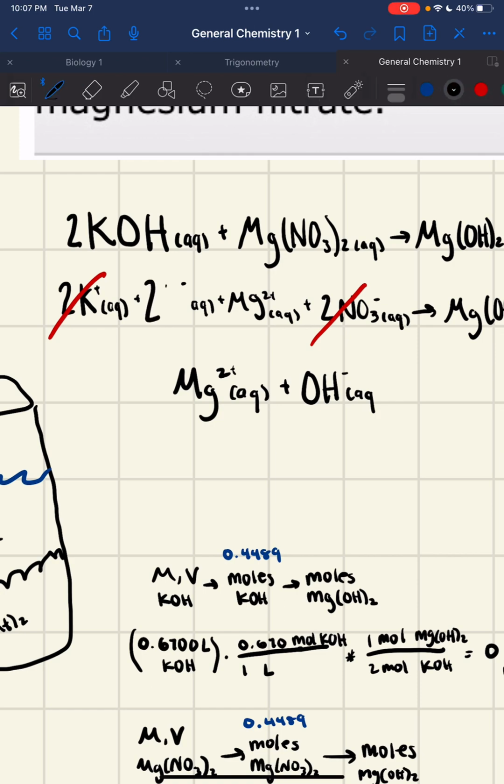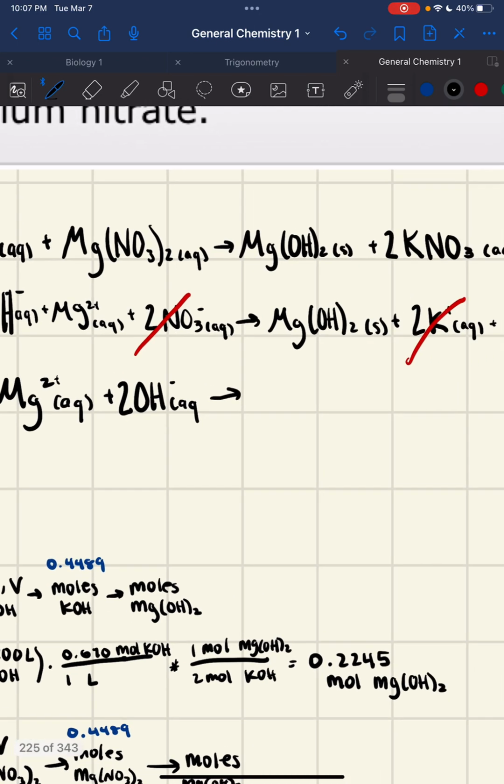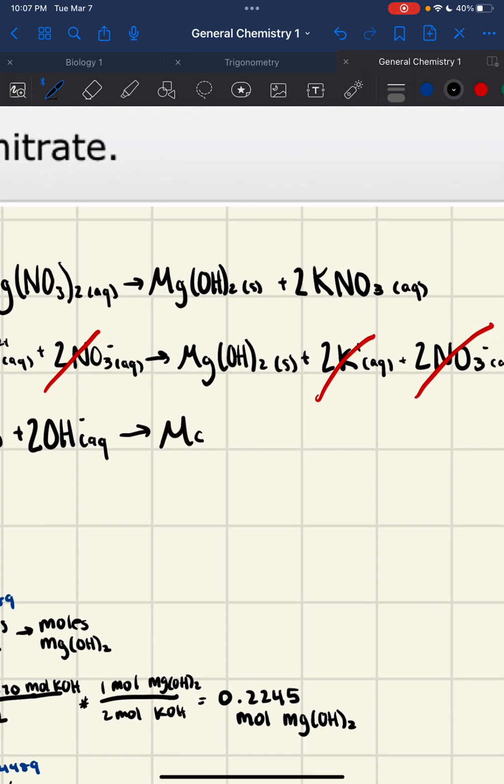This is going to be 2 OH−, which is going to yield that magnesium hydroxide.